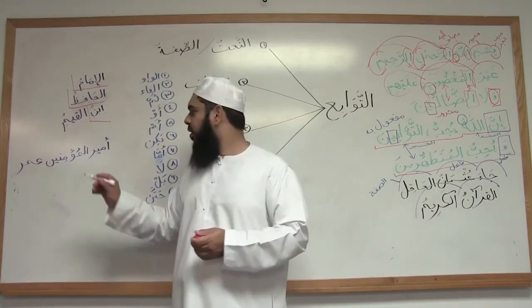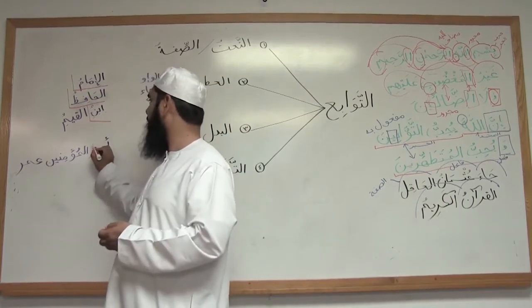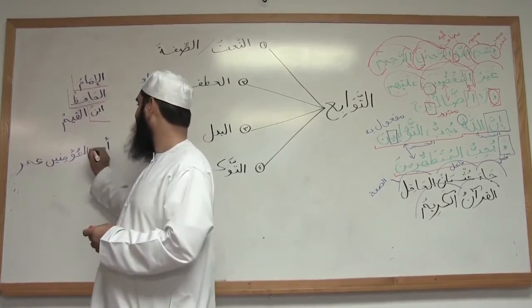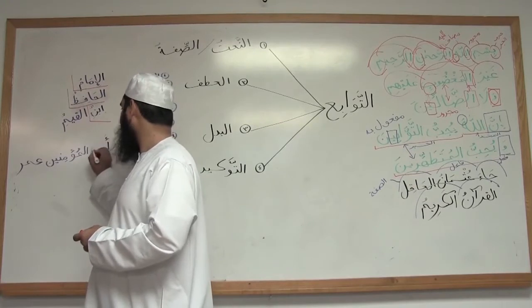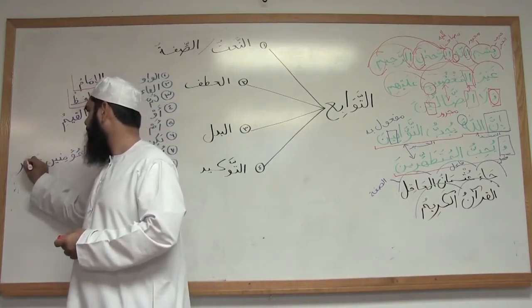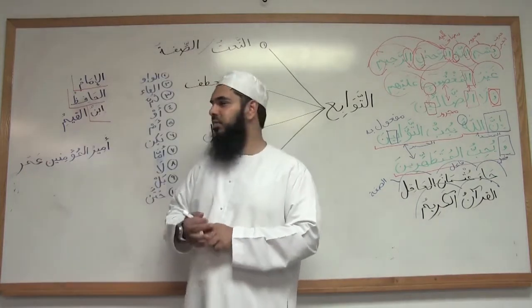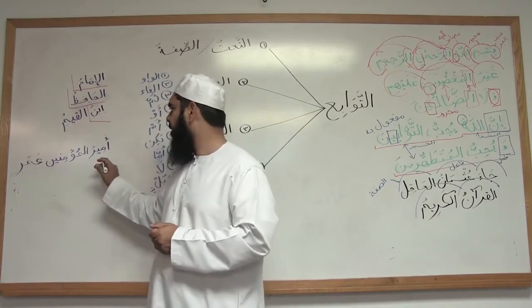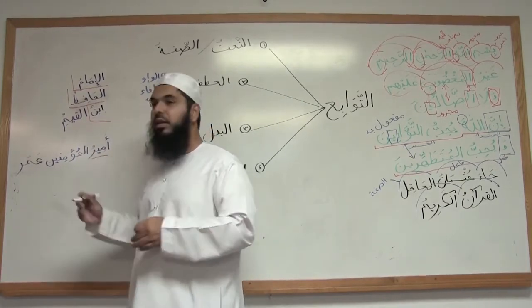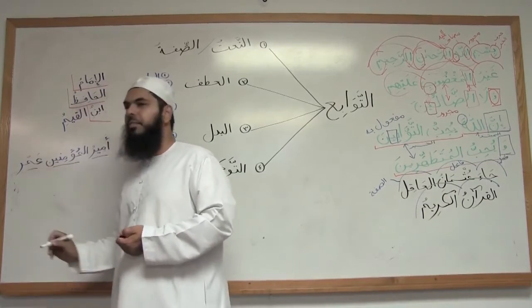Okay? Now, Amirul Mu'mineen, Amir, I was going to make you guys do the Arab. We're not done with this one yet. Amiru al-Mu'mineen Umar. Now, Umar is mamnu min as-sarf, we'll get into that later. So Amir means the leader, Al-Mu'mineen, the believers, and Umar is the name.